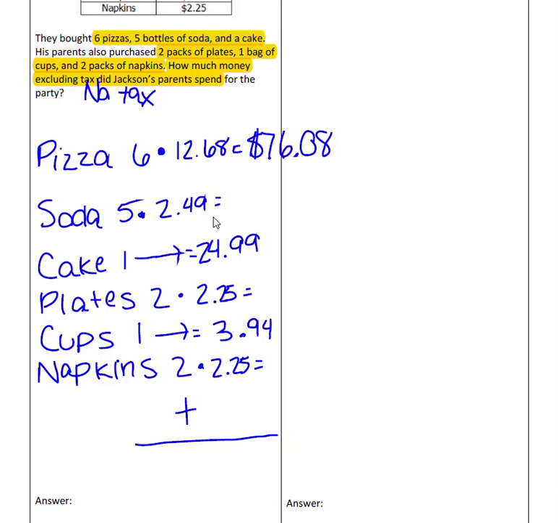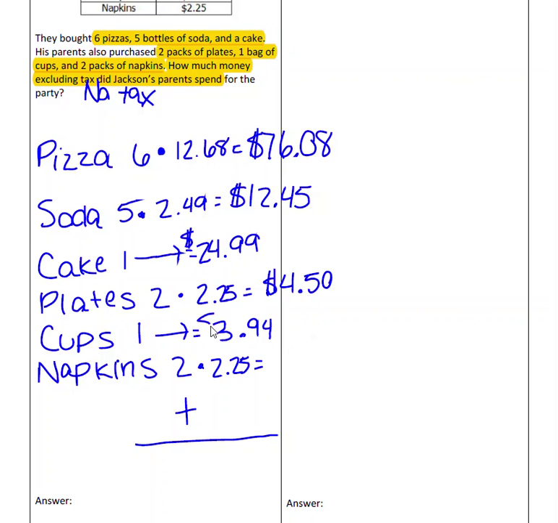So that's going to cost me $12.45. I don't have to do the cake. The plates, 2, because I bought 2 of them, times $2.25 gives me $4.50. Add in that extra 0 for place value.